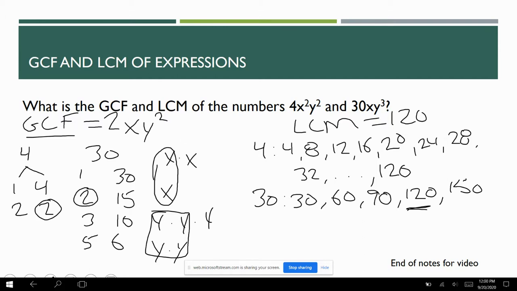Now we move to our variables. So our x's, we have x squared, x times x, okay, and our x is just x. So we're looking for our least common multiple. Well, here we would list the multiples of x squared and x to the fourth. So the multiples of x squared are going to be multiplying additional x's here.